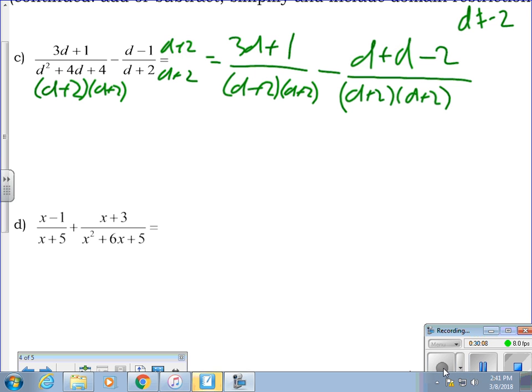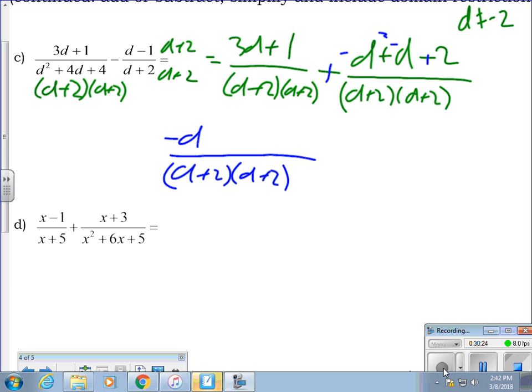I have my common denominators, D plus 2 times D plus 2, that's my denominator. Change my subtraction to addition, oh, and I forgot to square that. So I have negative D squared, 3D minus D is plus 2D, 1 plus 2 is plus 3.